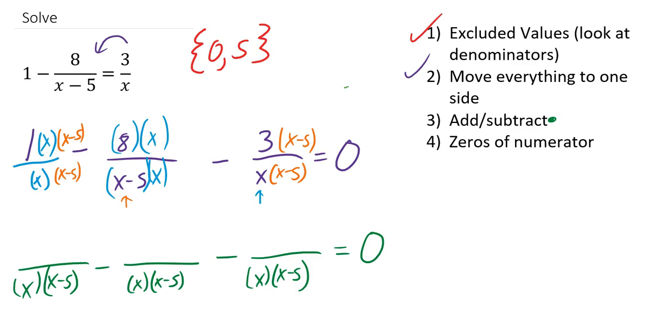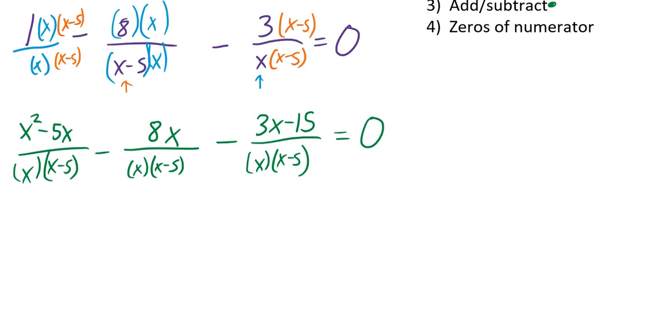My first numerator is 1 times x minus 5, so x squared minus 5x. Second numerator is 8 times x, and third is 3 times x minus 3 times 5. Now that they're all a common denominator, I combine it into one fraction.